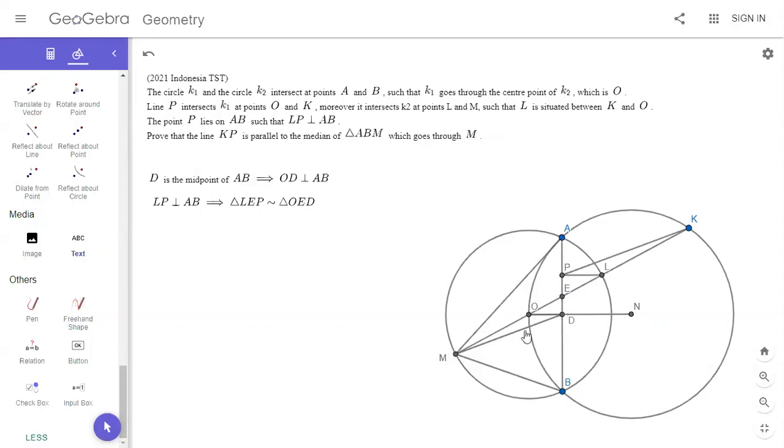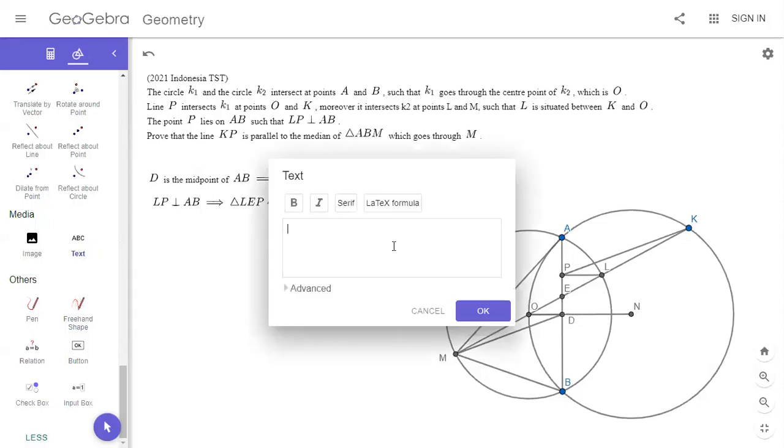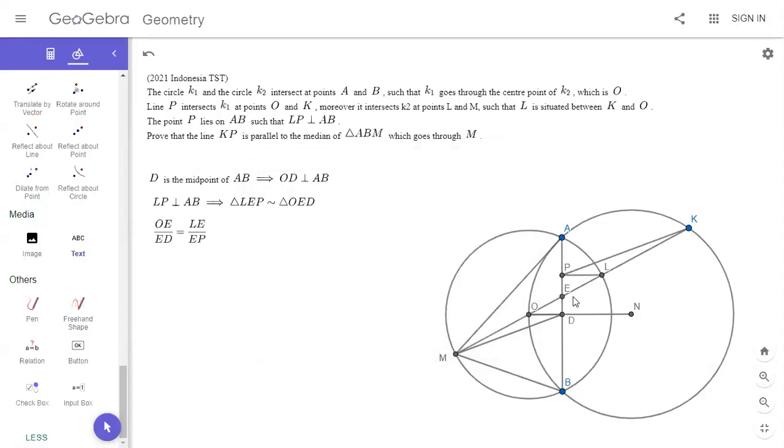Actually, I'm going to write this a little differently. Yeah, no, I'll write it like that. All right, and now we can use power of a point a bunch of times.